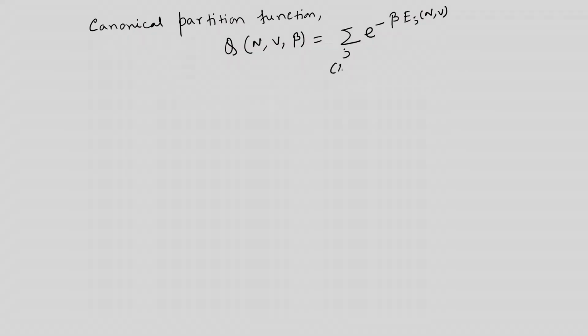It is the sum over j of e to the minus beta Ej. Ej is a function of number of particles and volume, where j is the number of states.